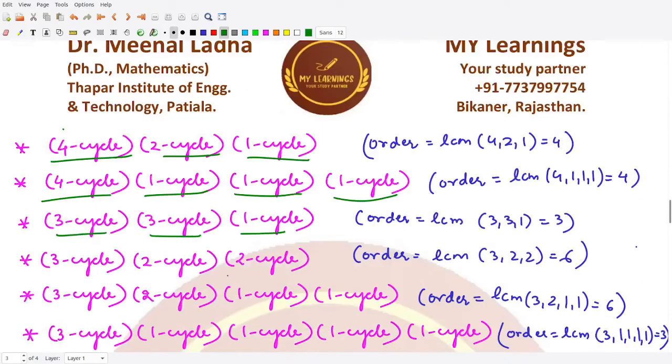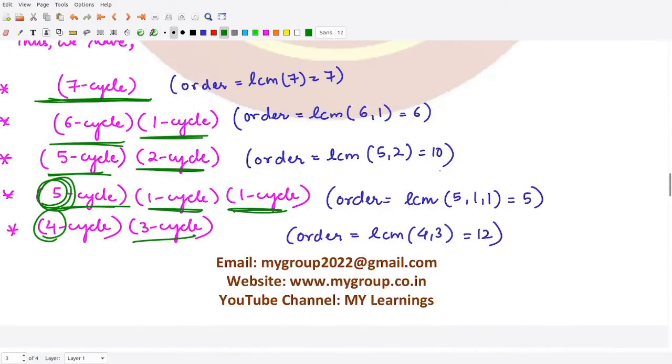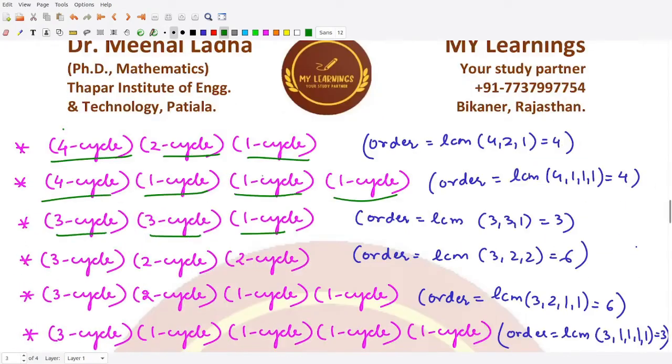So basically what we are doing is writing all possible combinations that add up to give the final result 7. We started with 7, 7 plus 0. Then 6 plus 1. Then 5 plus 2, then 5 plus 1 plus 1, then 4 plus 3, then 4 plus 2 plus 1, correct? Then 4 plus 1 plus 1 plus 1, that gives you 7. Then we have 3 plus 3 plus 1, and 3 plus 2 plus 2, right?